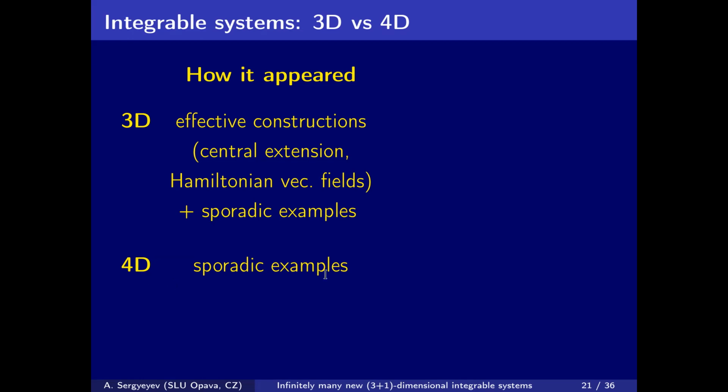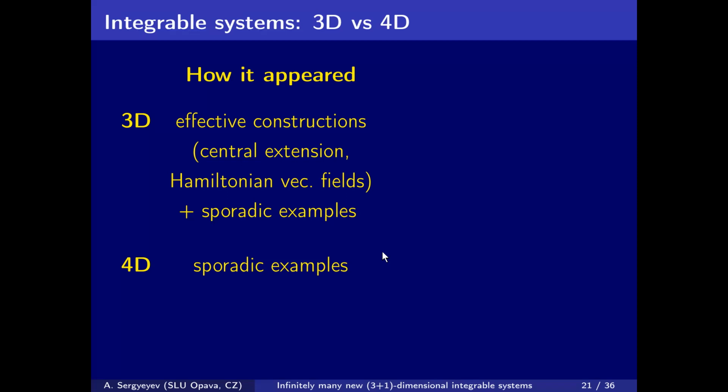And in 4D, for a long time, it appeared that all one has are some basic sporadic examples, so there appeared to be no effective construction allowing one to produce classes of 4D integrable systems.